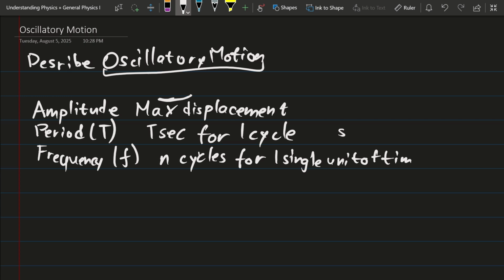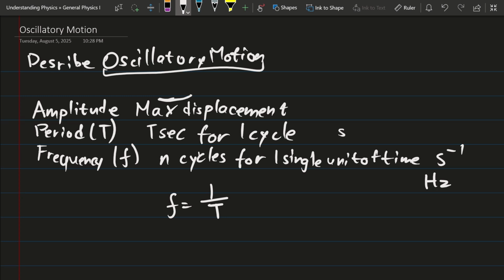And the unit is the second inverse, or people normally call it the hertz, which is the same thing as the reciprocal of the second. So there is a formula to relate the period as well as the frequency together, which is this relation: f is 1 over T.